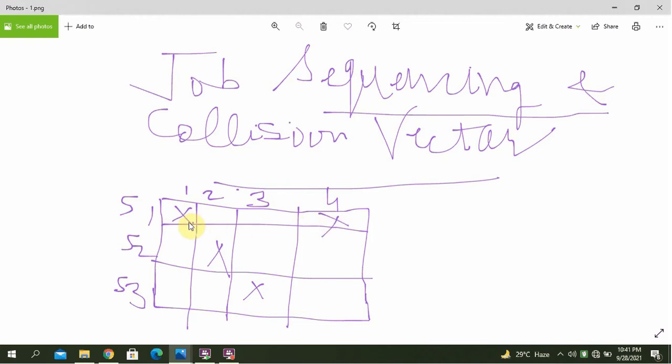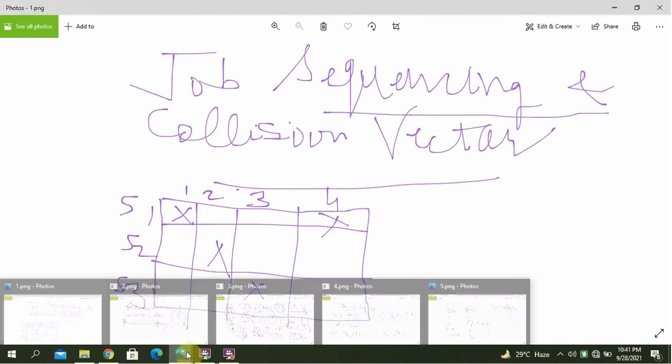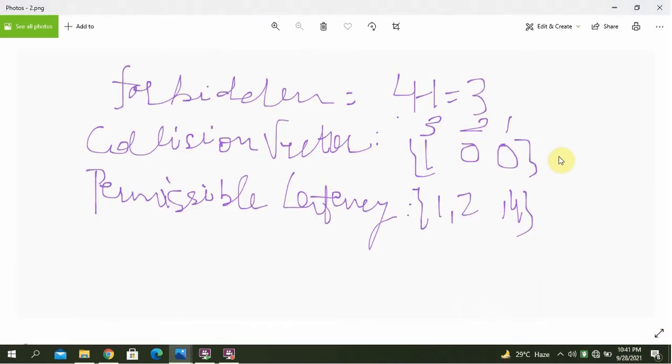And the collision vector is built from the largest forbidden latency obtained from the reservation table. Here the largest forbidden latency is 3. So the collision vector is, here, we put 1 at position 3, the rest 0.